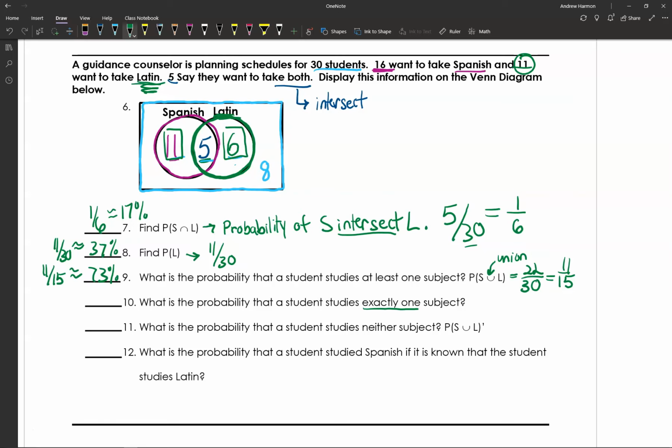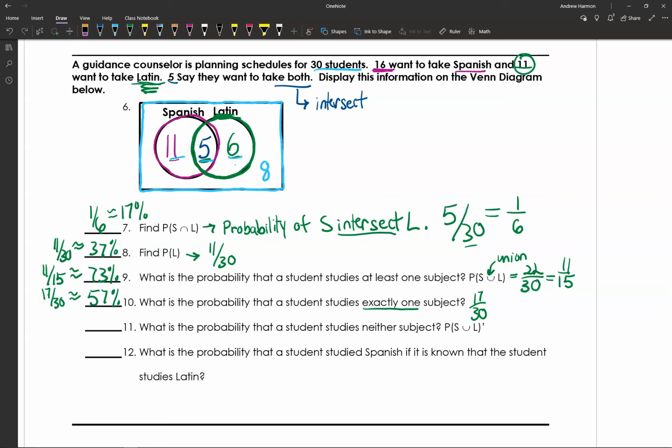So if we look at both of those, that total is going to be 17 out of 30. Because we don't include the 5, because that's students that study both of those subjects and not just one of them. So 17 out of 30 is our probability, and we can approximate that to 57%.